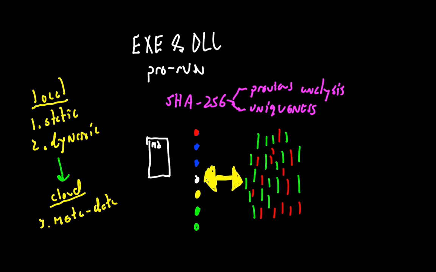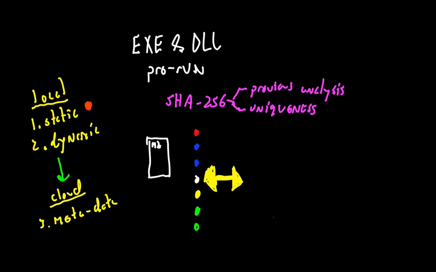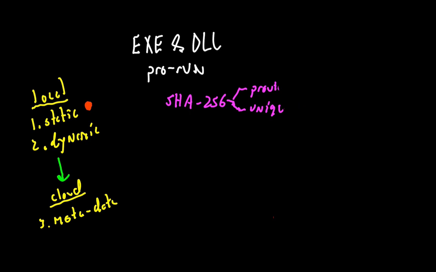And this is how a cloud component to an endpoint security product can come up with a detection when the local product failed. It's because it's dealing with a much, much larger library of things to compare against. And as an offense operator, the strategies for dealing with this state of affairs are still the same as what we talked about for dealing with static analysis in general, which is try not to look like known bad or a known offense tool set, and try to take on the characteristics of known good as much as possible.